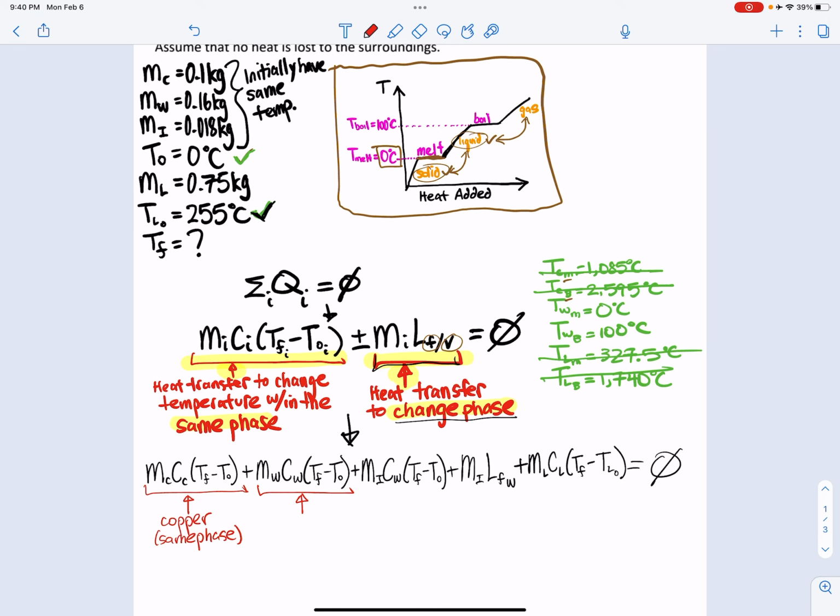For water, it's still going to be a liquid, so this is for water, same phase. This is for ice, the heat transfer necessary to change temperature for ice. So this is for ice, same phase. But also, we assume that ice will melt, so we also have ice change phase.